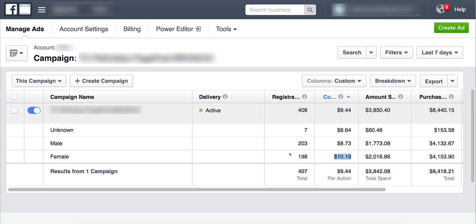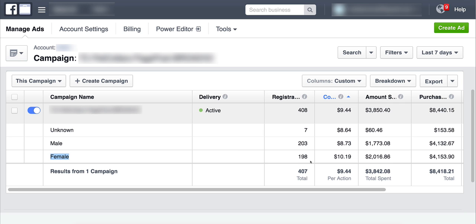Well, if you're able to split test like this, if you follow priority number 2, and you're able to come in here and look and say, oh, okay, men are actually converting better than women, what does common sense tell us to do? Turn off the ad that's only showing to women, right? And when we do that, boom, we go from a negative straight to a positive.